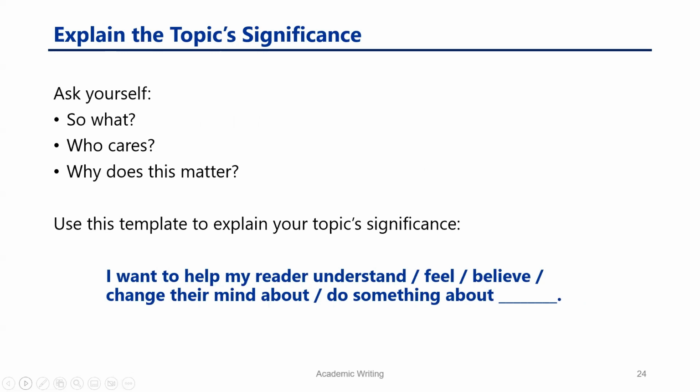Ask yourself, so what? Who cares? Why does this matter? And then use this template to explain your topic's significance: I want to help my reader understand or feel or believe or change their mind about or do something about.